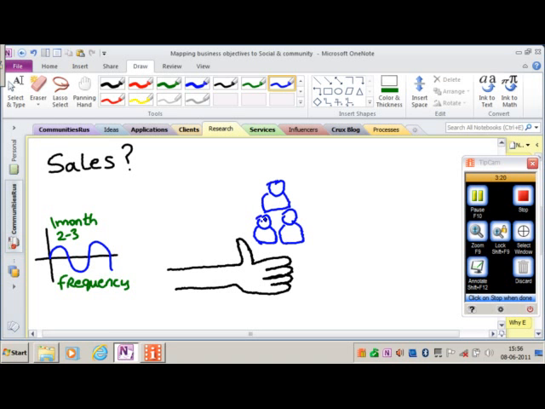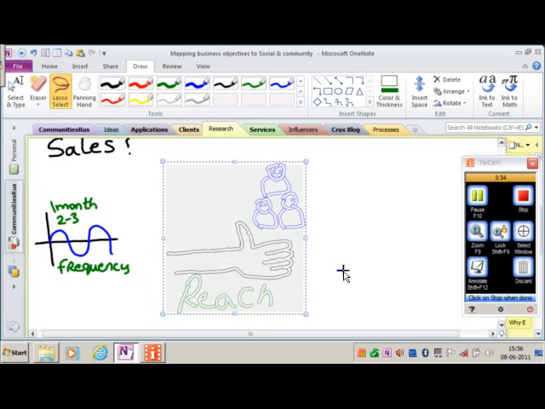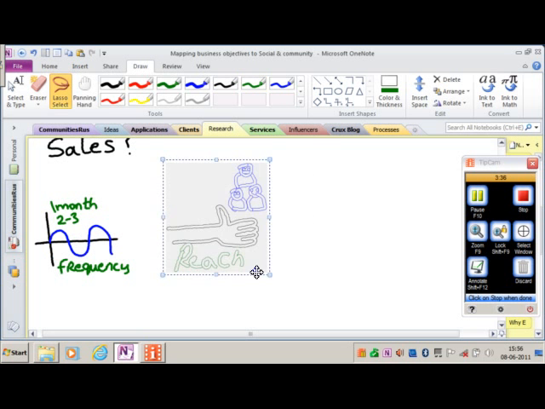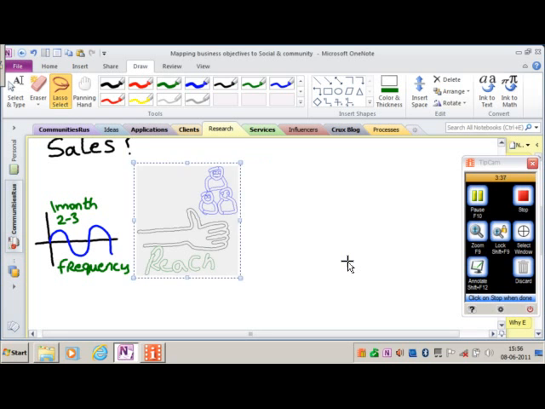Now, these could be people spread in different geographies, different customer demographics, people who have not been your target customer earlier, and so on. So, reach is the second way in which you can increase your revenue or your sales.